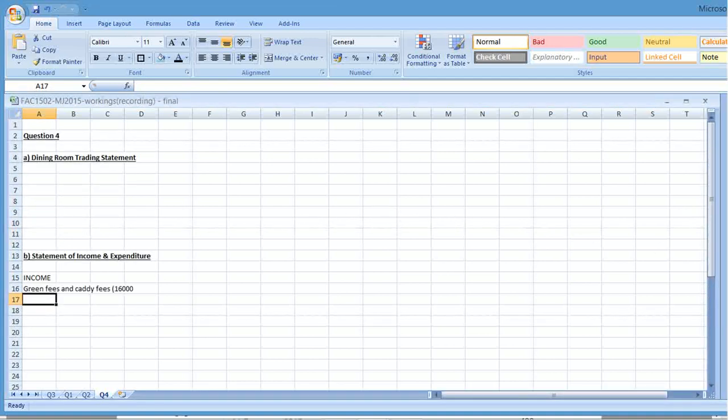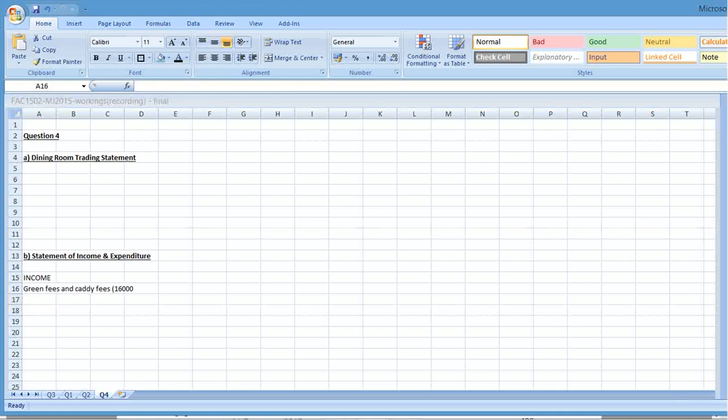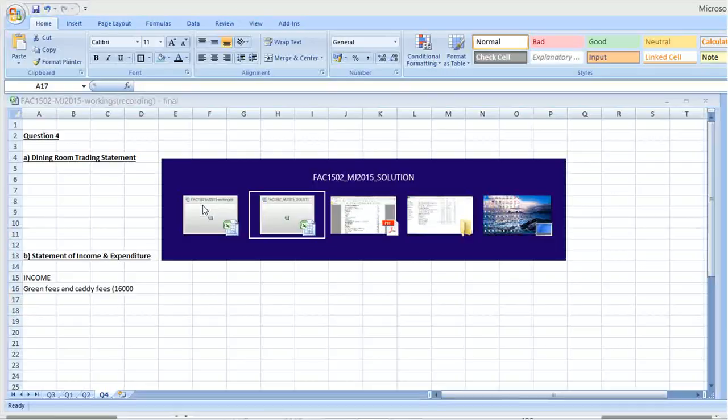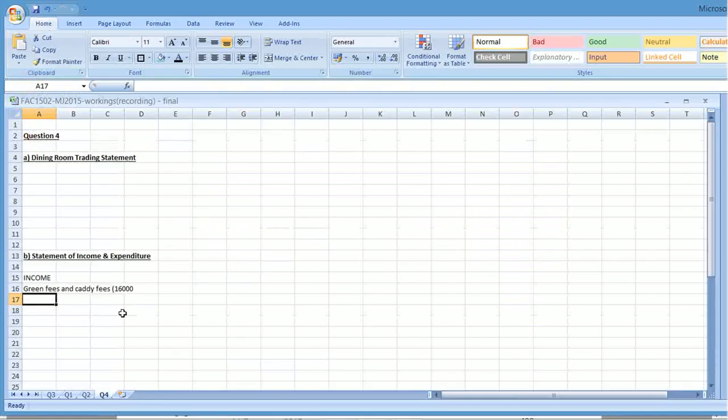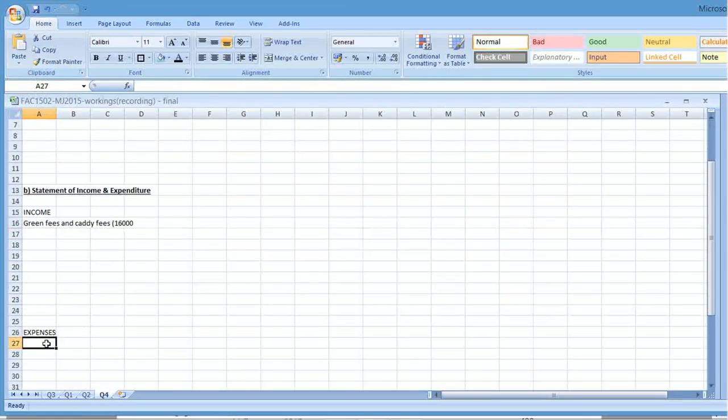So I would be looking at that as being a cost of sale calculation for the crockery and linen at cost. That's a possibility. If not, it could be shown as a separate line item for your expenses, because that would be the amount that you would have utilized during the year. So let's record that here.